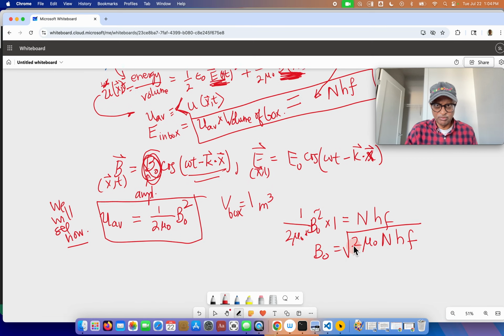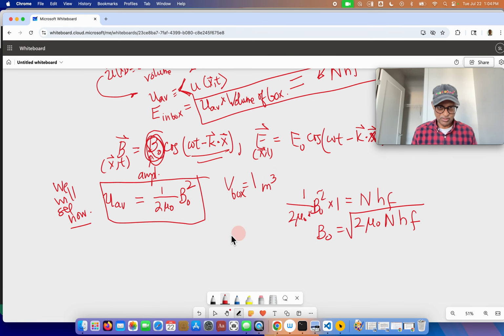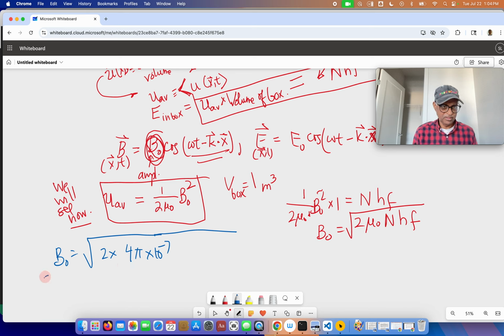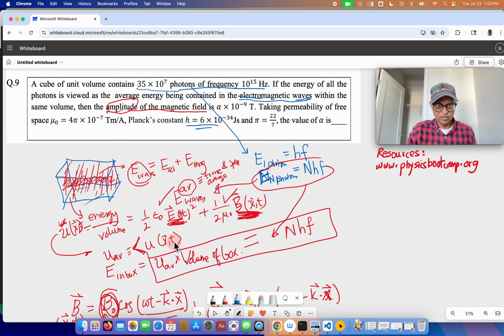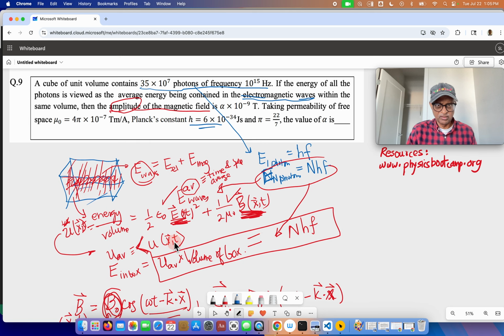Let's work out the numerical value now. B0 is equal to the square root of 2 times 4 pi times 10 to the power minus 7, everything in SI units, so this will be in Tesla.